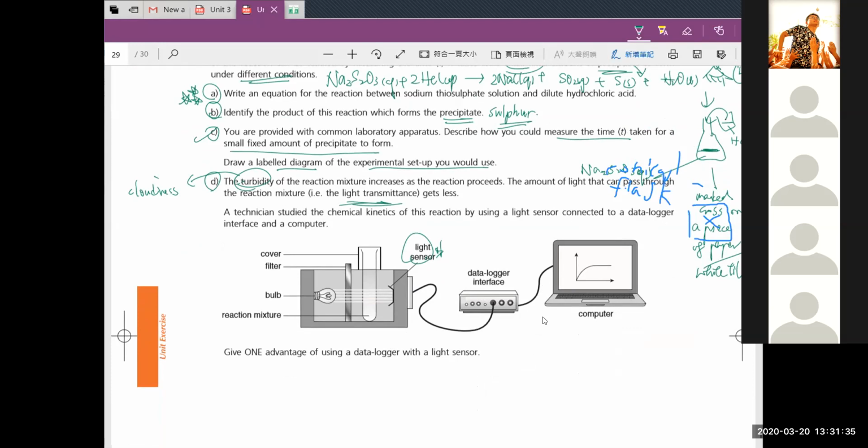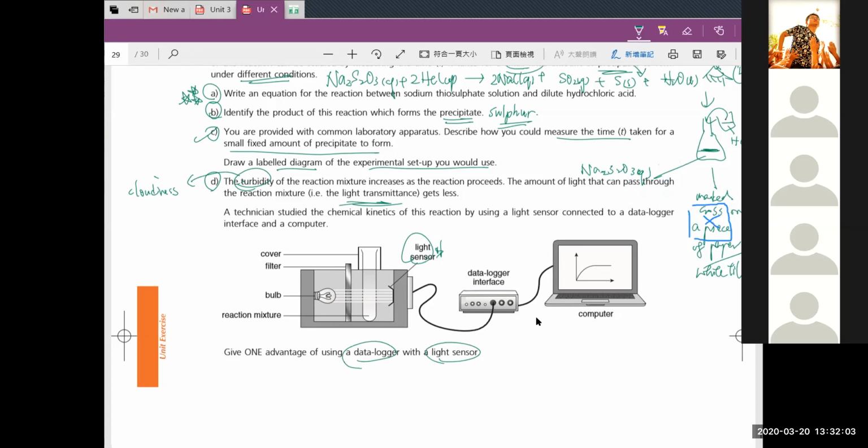The question comes, give one advantage of using a data logger with a light sensor. So should you still remember our table yesterday? That may give you some clues, some of the wordings that you may use. So what is the advantage of using the data logger with a light sensor?